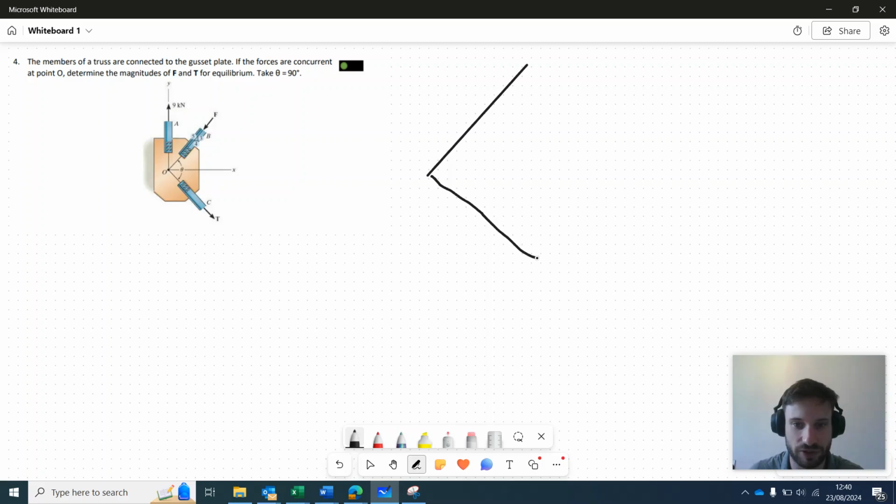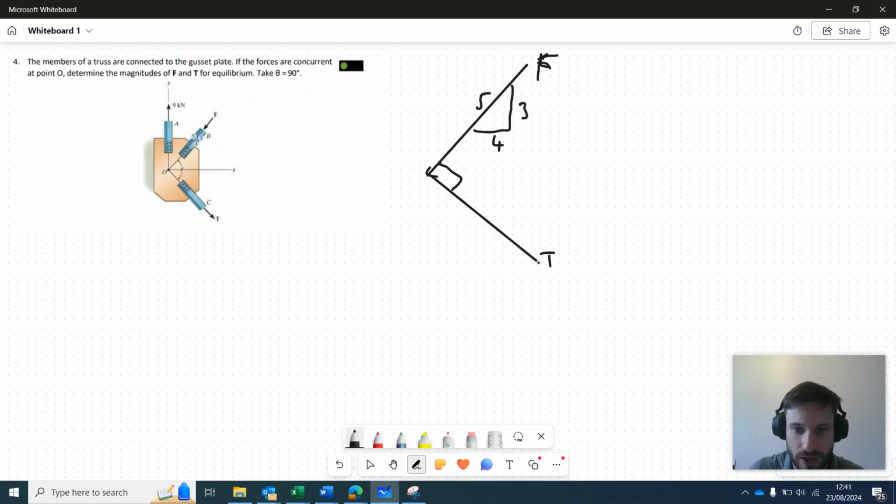Let's have an attempt at drawing a 90-degree angle. It says here that theta is 90 degrees, so we can take this as 90 degrees. If we imagine we have this 3-4-5 triangle here, and this is our force F, and this is our force T, I apologize for my handwriting.